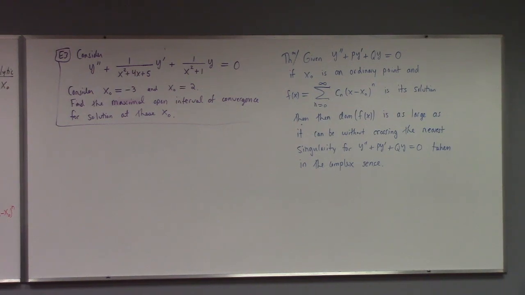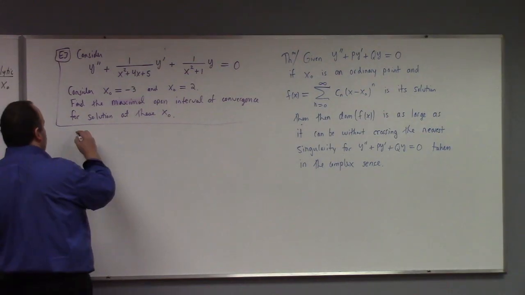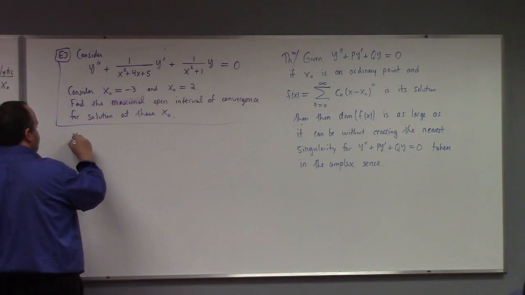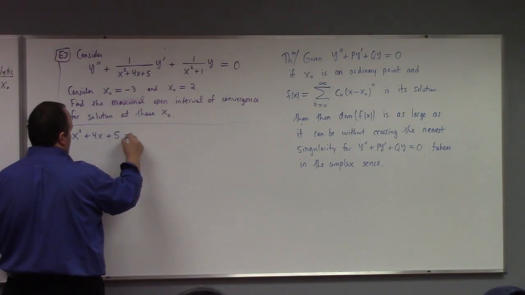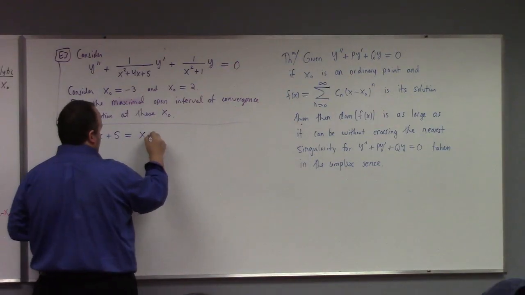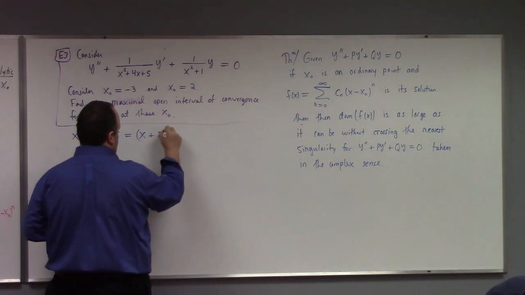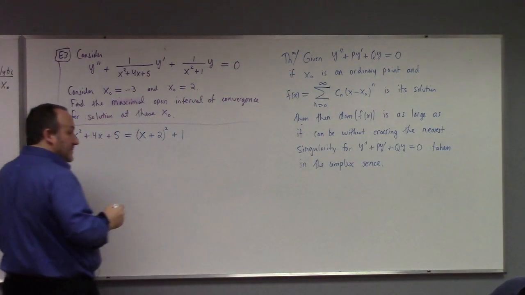So the way this kind of problem is done, we can all do this. We just need to be super careful with the algebra. All right, algebra matters more than calculus in this course, for sure. So x squared plus 4x plus 5, where is that 0? I complete the square. I have (x plus 2) squared plus 1.